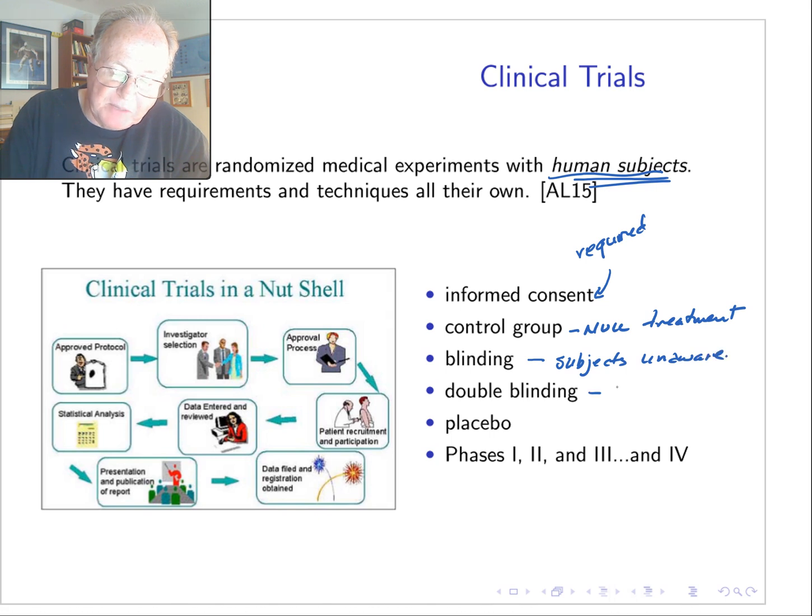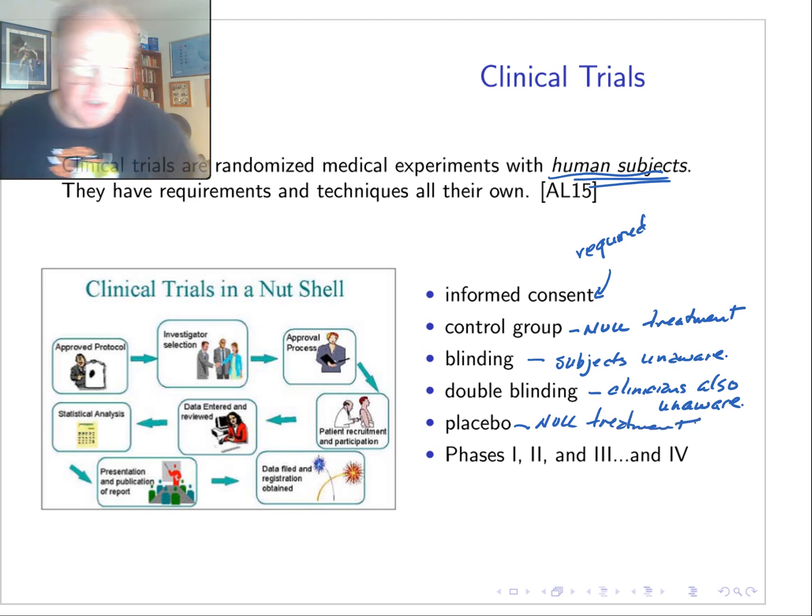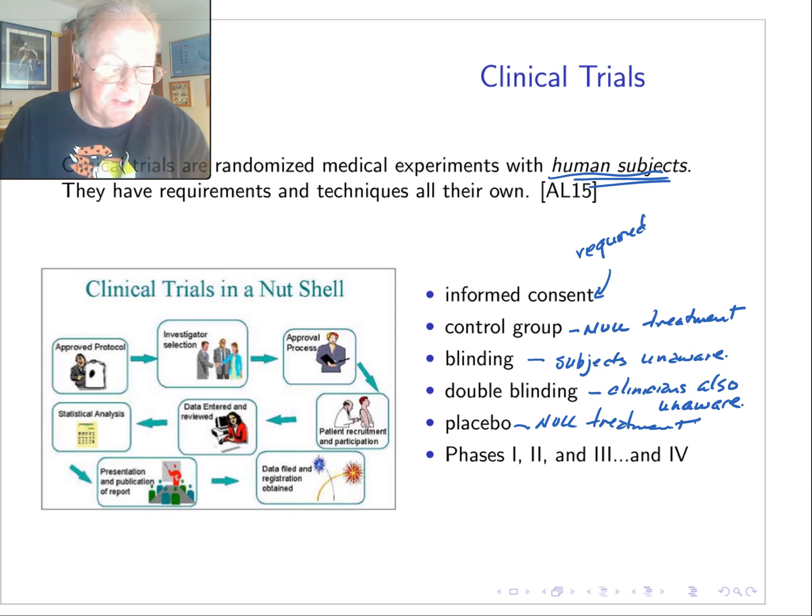Double blinding means clinicians, that is, the people applying the treatments, are also unaware. And to make this easy, we very often use a placebo, which is the null treatment. There are actually some surgical experiments that have a surgical placebo. They make a little incision while you've been anesthetized, and then they just sew you back up.